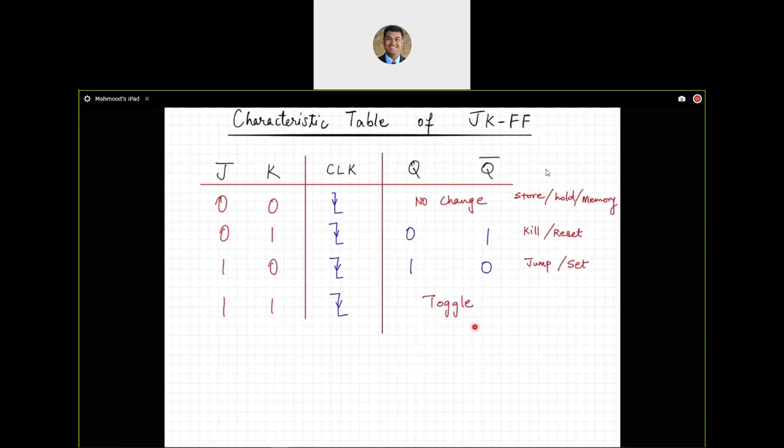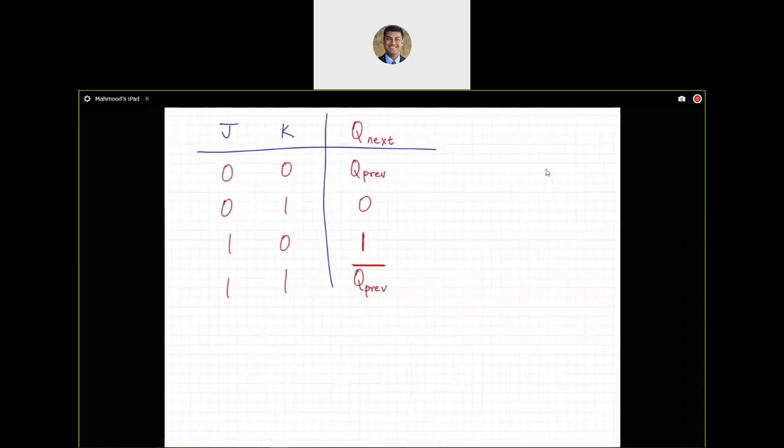And all these changes in the output, Q and Q bar, can only occur just after the negative edge of the clock, because we are considering in this example a negative edge triggered JK flip-flop. That's what we were talking about in the previous lecture. Now, to understand this a little bit better, we can look at another table.